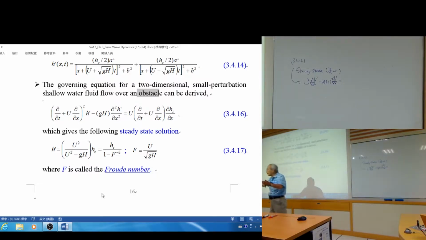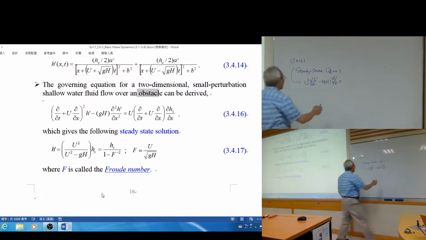A mountain normally doesn't fluctuate with time, so it's a steady state. But this kind of problem can also apply to flow over a sea bed with moving sediment, because the bottom topography can change. So you can actually apply the shallow water equation to such problems. But right now our mountain is fixed, so there's no time derivative for this term.